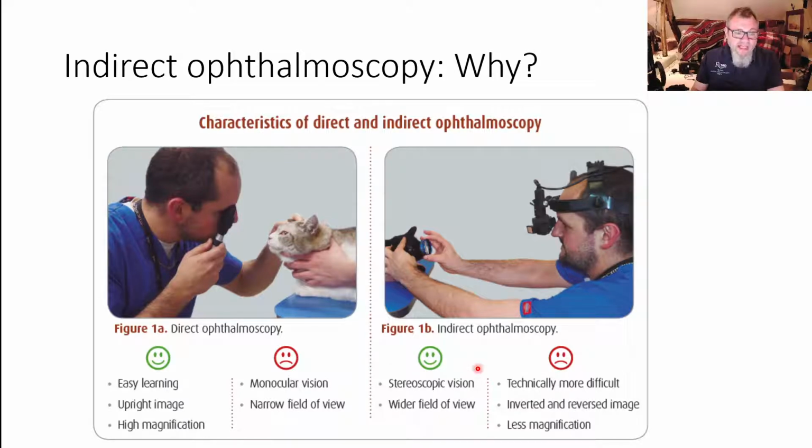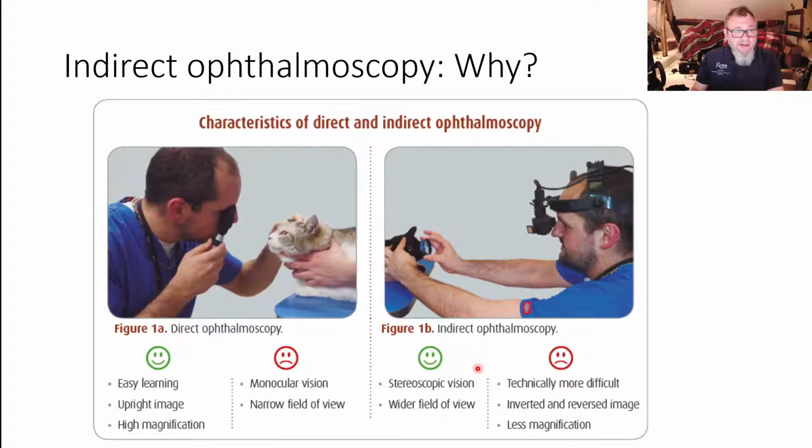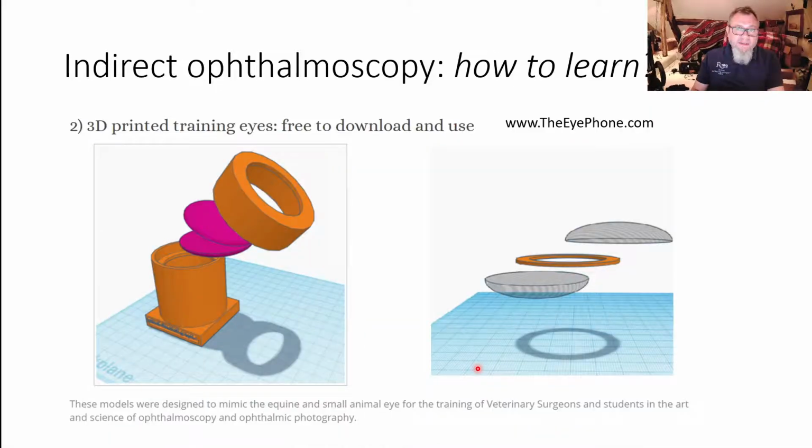They talk in there about how to use direct ophthalmoscopy and how to do indirect ophthalmoscopy. But more than that, they've got a wonderful atlas of images. So in terms of how to learn, please get hold of that atlas. It's a great help.